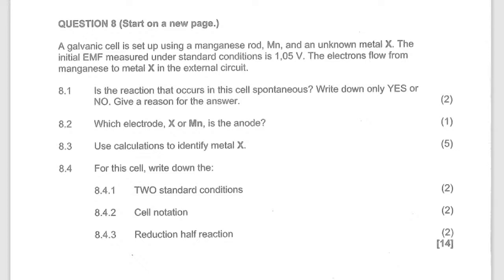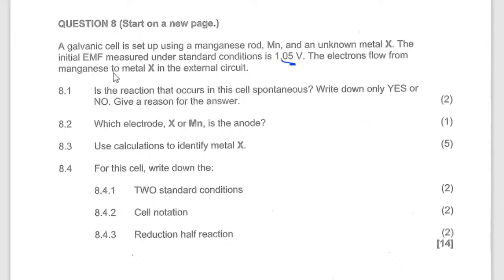This question is just about electrolytic cells and electrochemical cells. Question number 8. A galvanic cell is a setup using manganese and an unknown metal X, and the EMF measured at standard conditions is given.